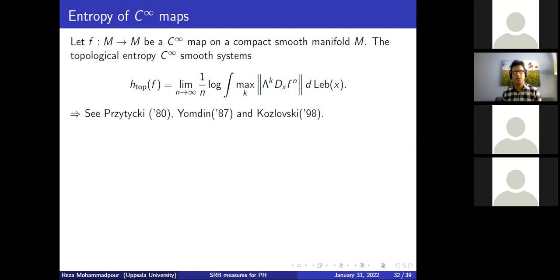One side of this result was proven by Przytycki for C1 plus alpha, and Yomdin finished it, proving the other side.